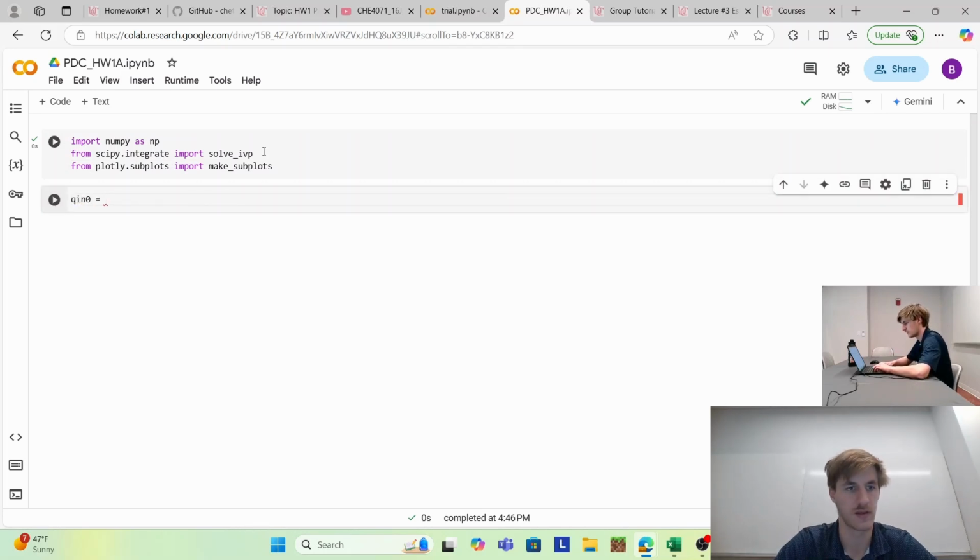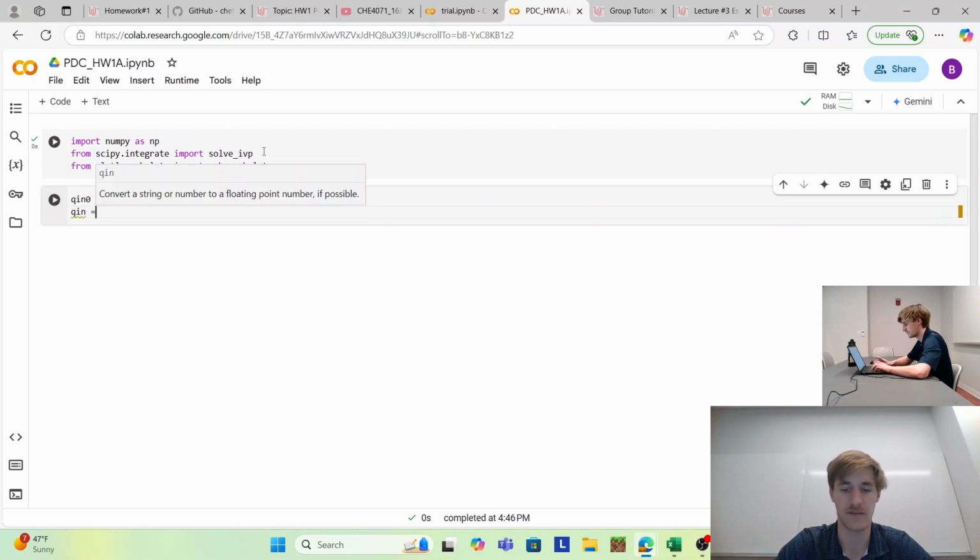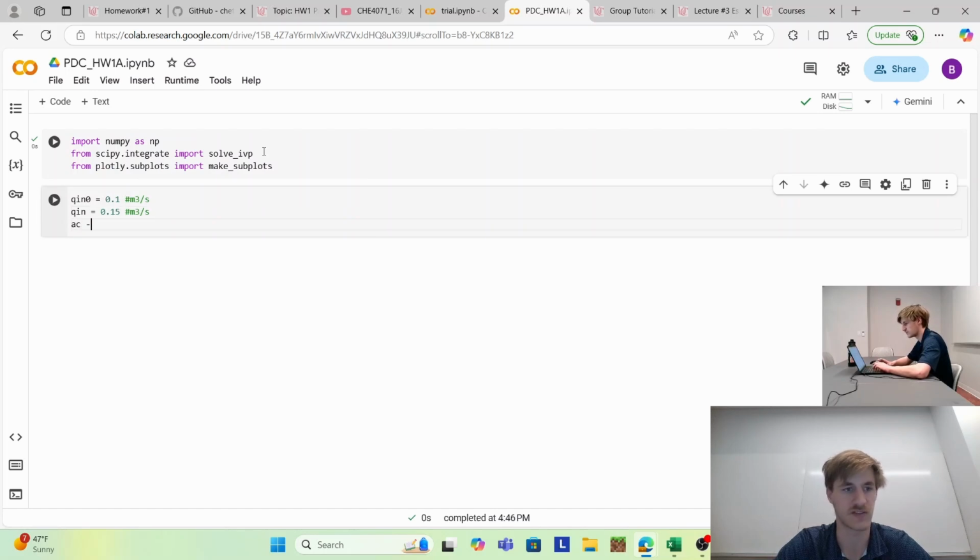So Q in naught is again 0.1. Flow after the time starts is 0.15. Our cross-sectional area is 1 meter squared, and our cross-sectional area going out is 0.2 meters squared.